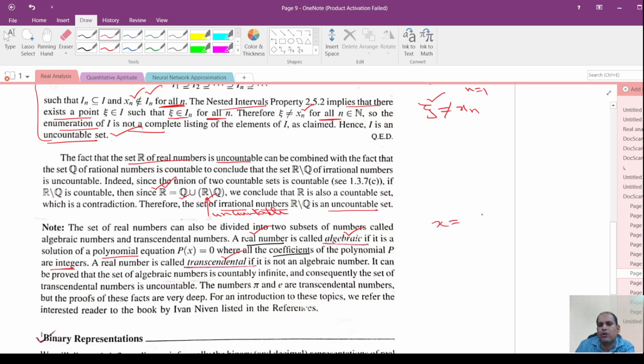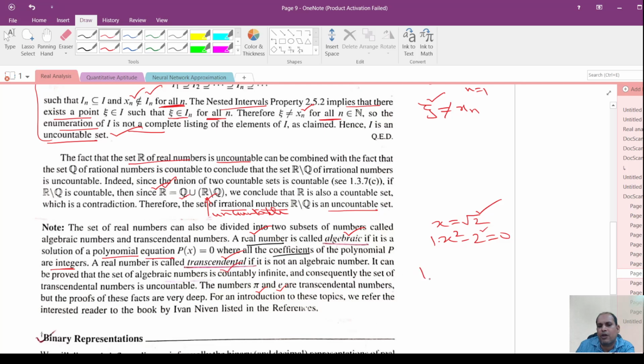For example, x equal to root 2. If I put x square minus 2 equal to 0, then its coefficients 1 and minus 2 here are integers. So, root 2 is an algebraic number, whereas e and pi are transcendental numbers, those numbers which are not solutions to a polynomial equation are called transcendental numbers.